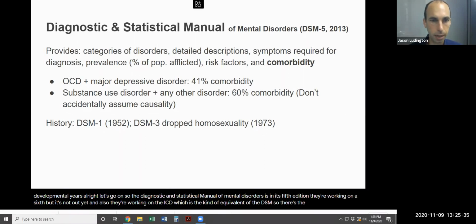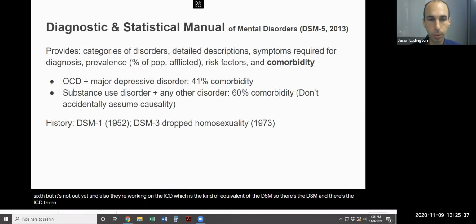There's the DSM and there's the ICD. They are both used for diagnosing disorders. The DSM is used in America. The ICD is used throughout the world.